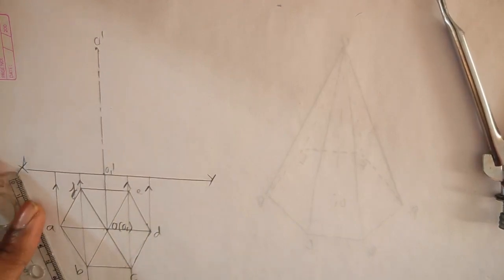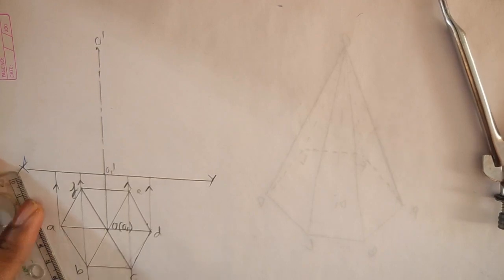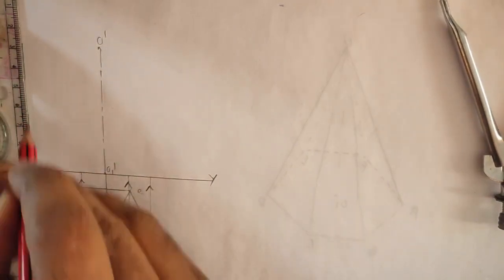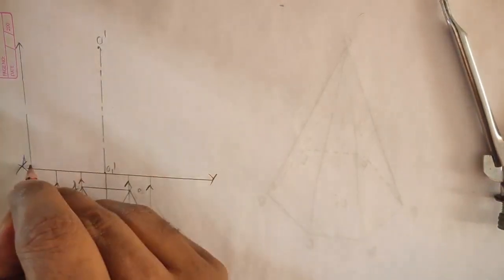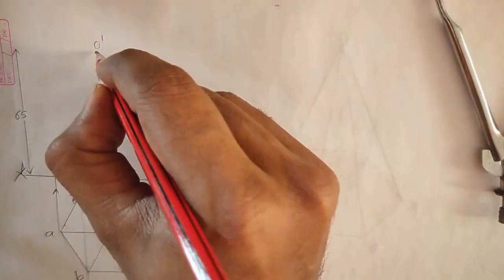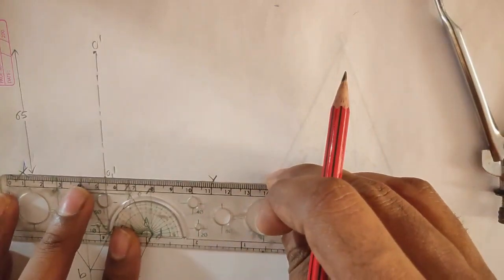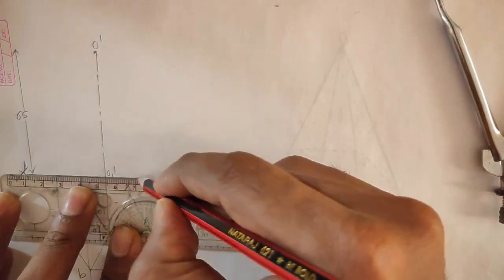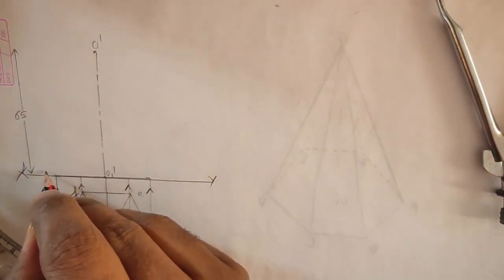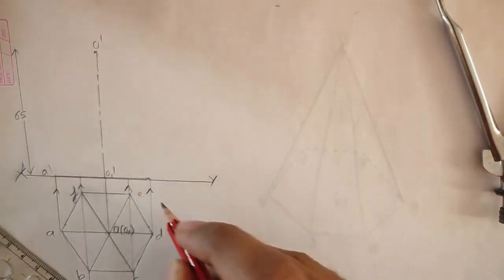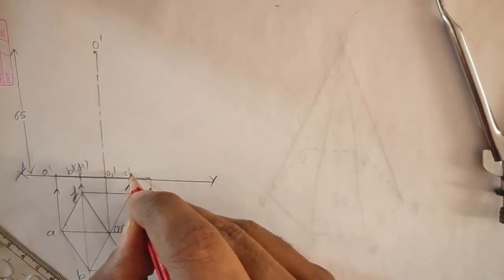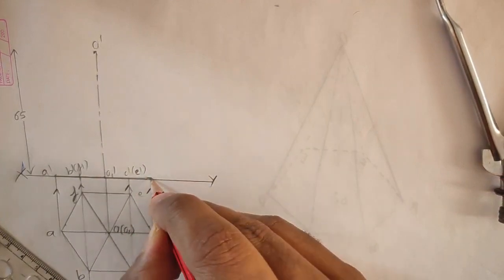Base edge 25, the height of the axis 65, now I'll join the base line and I'll mark the corners of the base, starting with A dash, then this point is B dash, F dash, this is C dash, E dash, and D dash.